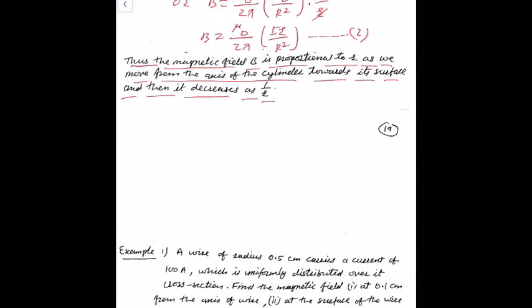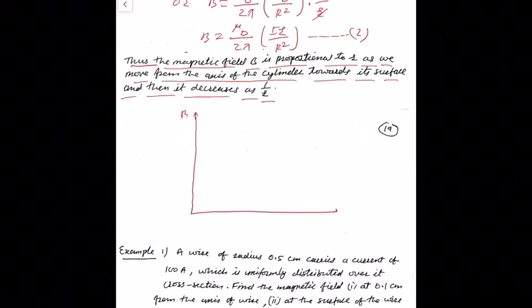The variation of magnetic field B with distance r from the axis of the wire, means graph between magnetic field B and r. Here it is origin. Inside the wire, B is proportional to r.